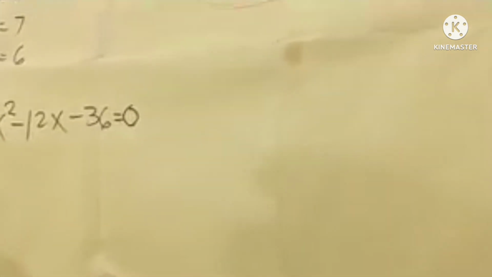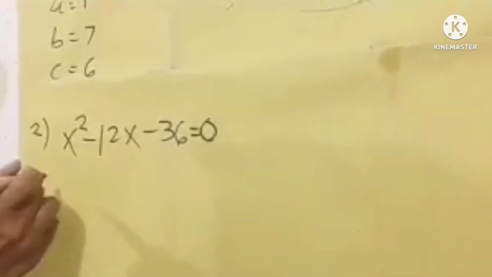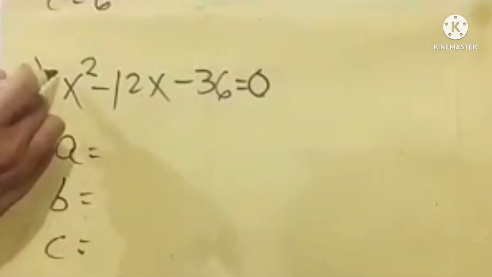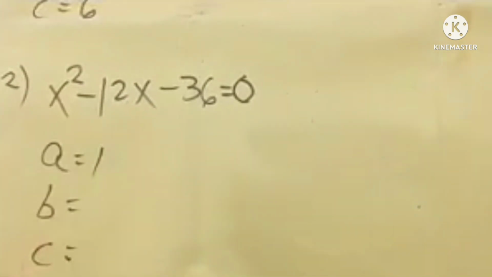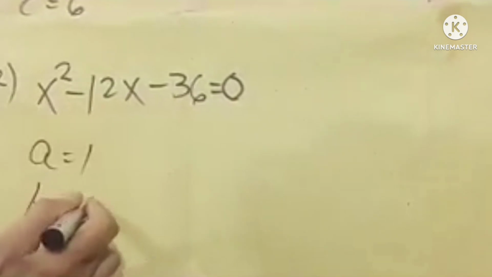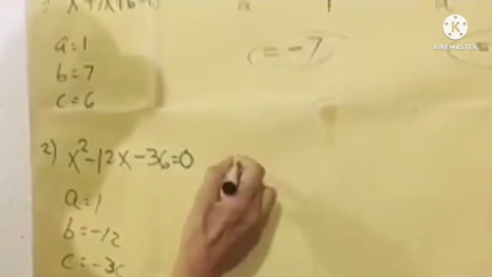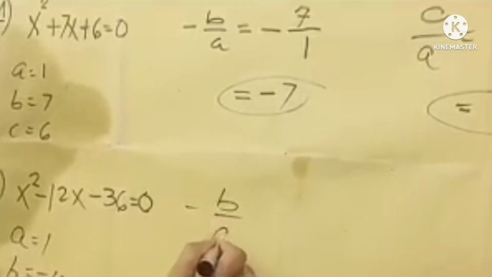Okay, next we have number 2. Since it's in standard form, we're going to identify the a, the b, and the c. A is 1, negative 12 for b, and negative 36 for c. This is standard form. Then to find the sum of the given equation, we follow again the formula negative b over a.